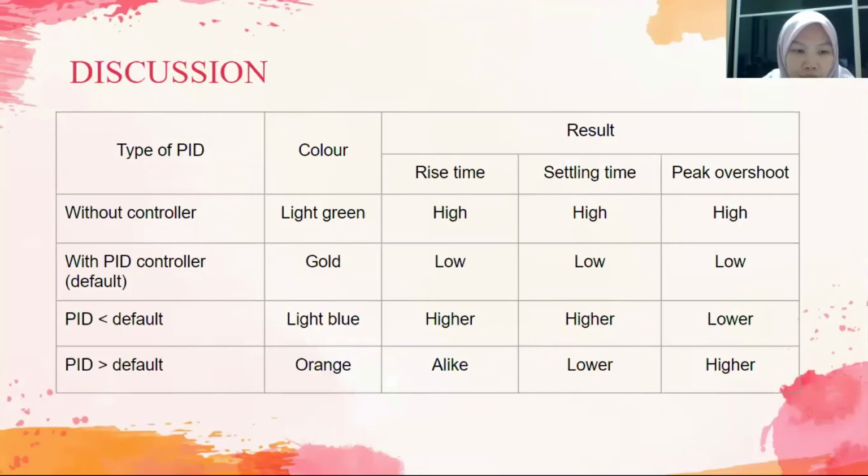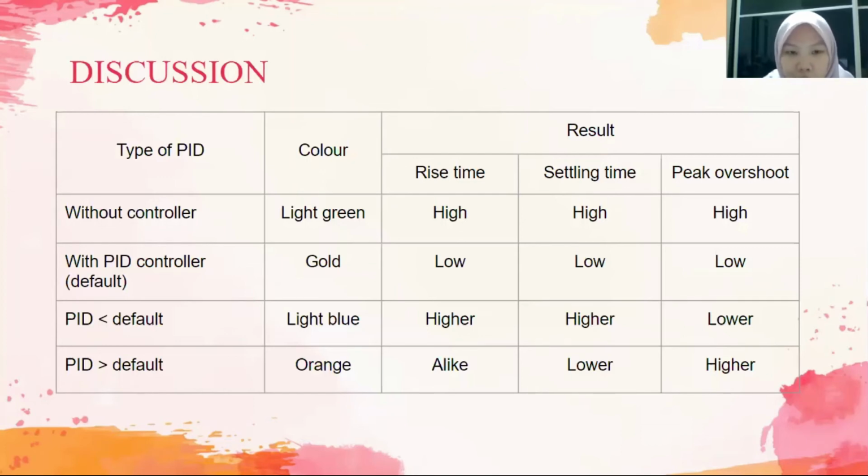When we added the PID controller into the system, the rise time, settling time, and peak overshoot become low. Both of them are portrayed in light green and gold. Then we try to change the PID parameters. The PID parameters are bigger than the default one, and it is portrayed in the light blue line.